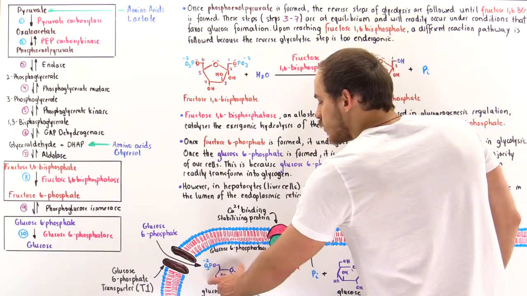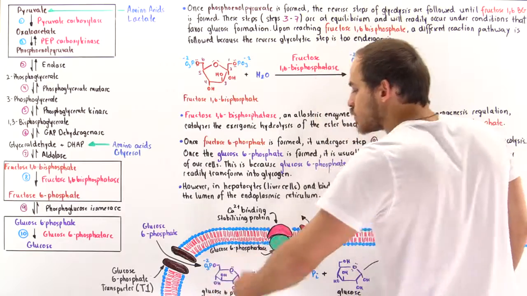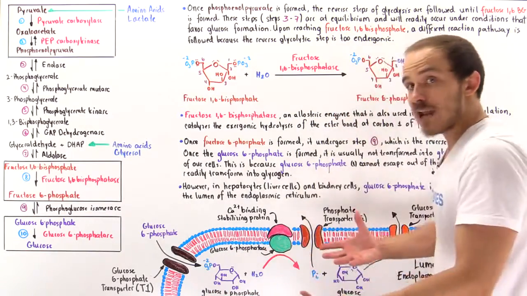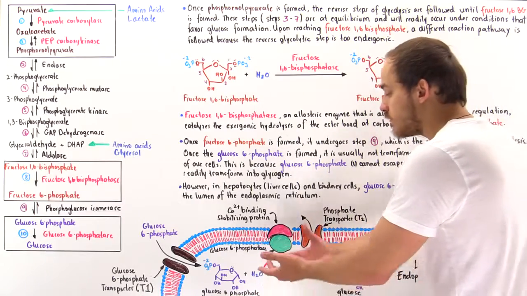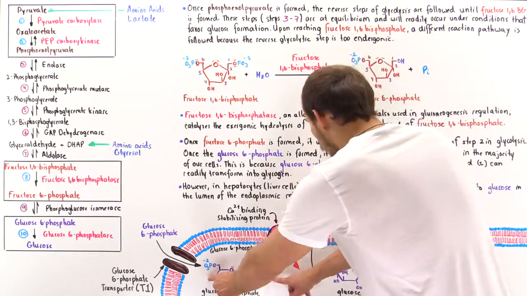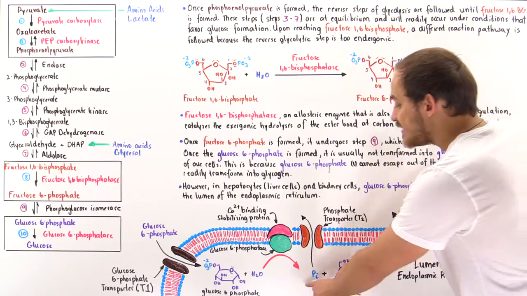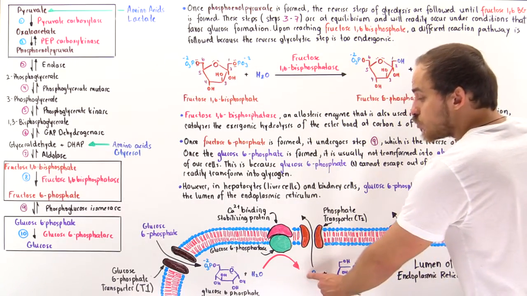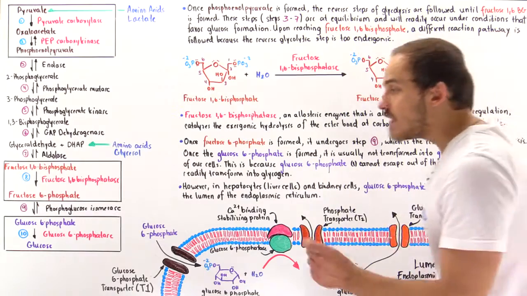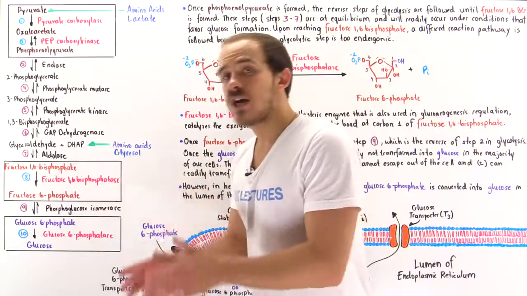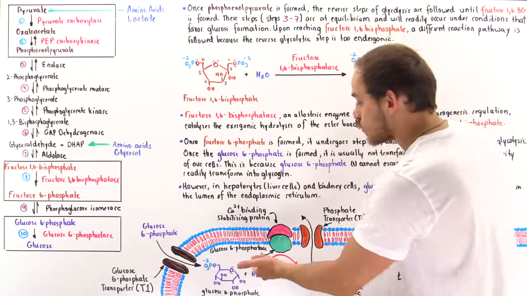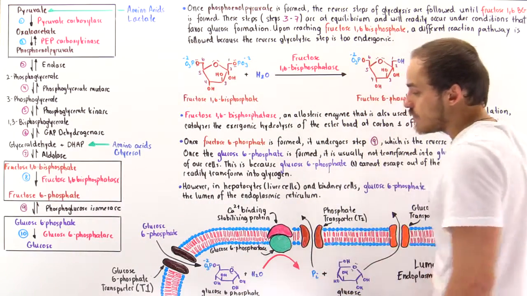And once inside the lumen of the ER, the glucose 6-phosphate, in the presence of water, because again we have plenty of water in the lumen of the ER, is transformed into glucose, and a single inorganic phosphate, so orthophosphate, is produced as well. And the enzyme that catalyzes this is a membrane-bound enzyme known as glucose 6-phosphatase, which is found on the membrane of the ER.